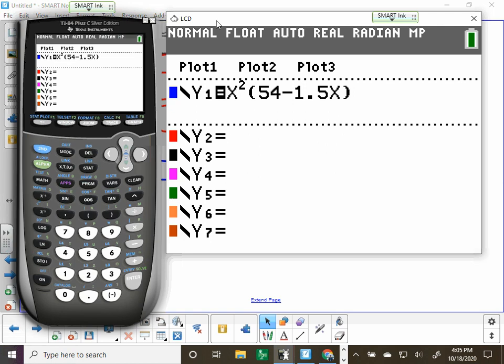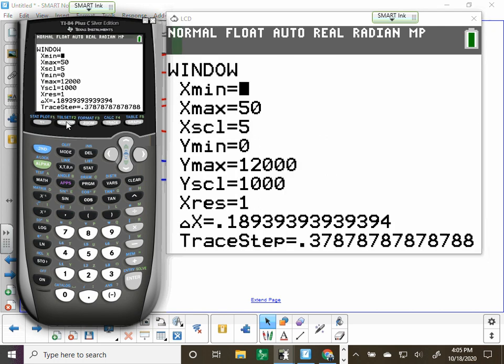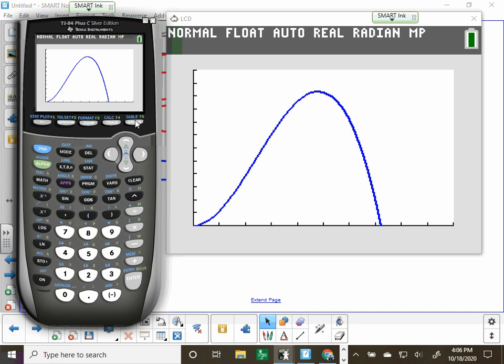If you just graph this on Zoom Standard, you'll never see the answer because the numbers are really big. So the window that I chose was between 0 and 50, scale of 5, and I did 0 to 12,000 because the volume of this is over 10,000. You could play around with the numbers and figure out that the volumes are really big, and I did a scale of 1,000. Okay, hit graph, and there's the graph of it.